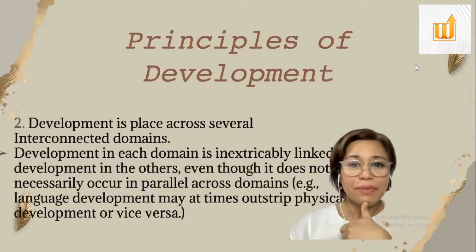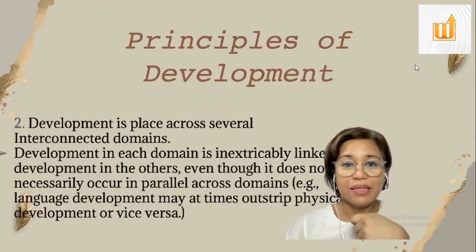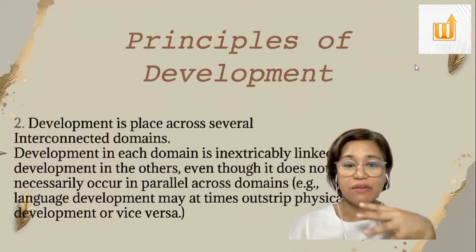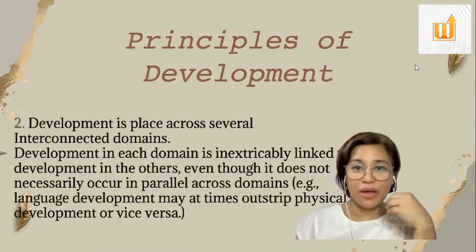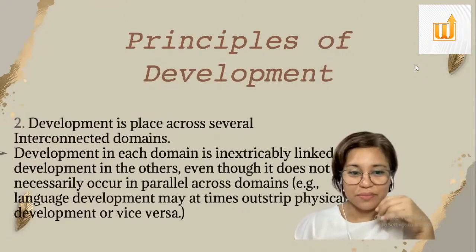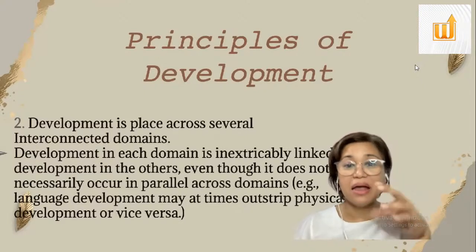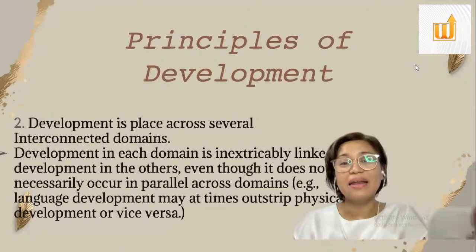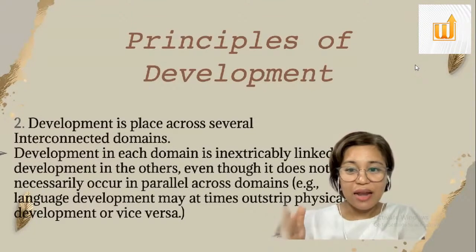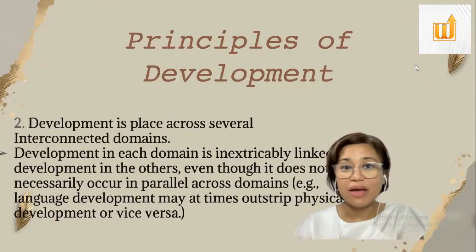And then the second principle of development is that development takes place across several interconnected domains. There are different domains where we develop, but they are linked with each other. But they may not be parallel in terms of development, such as language and physical development, or vice versa.